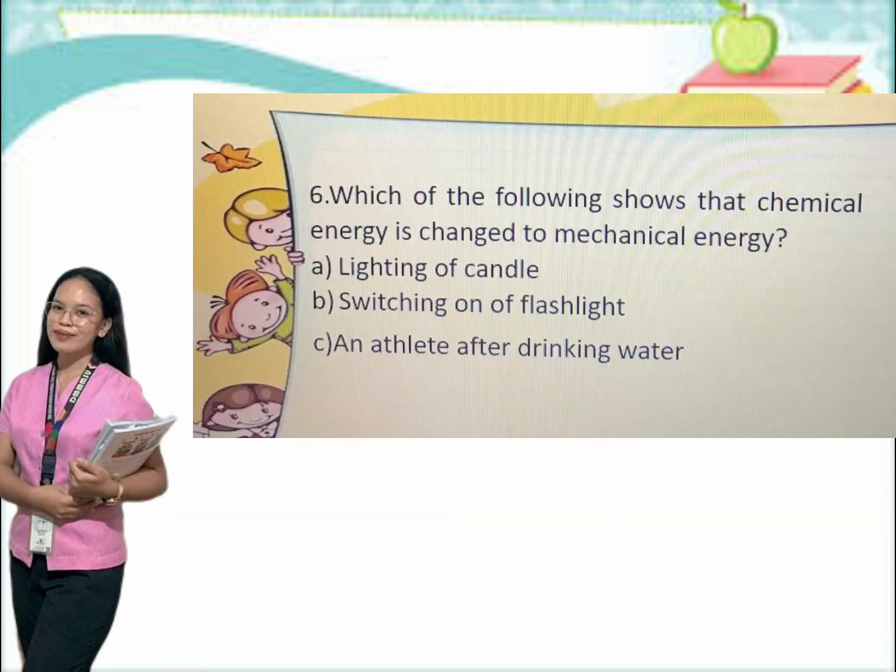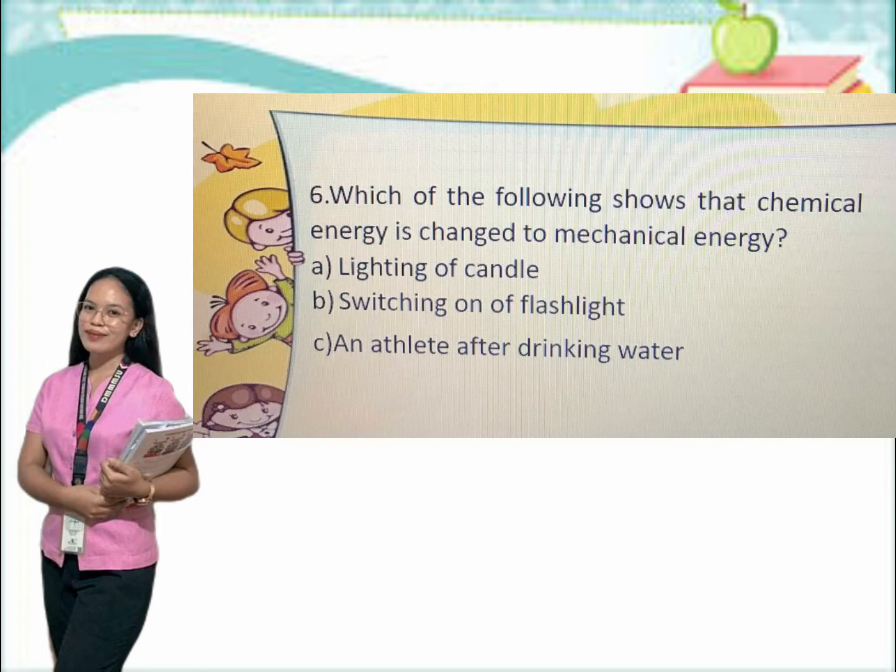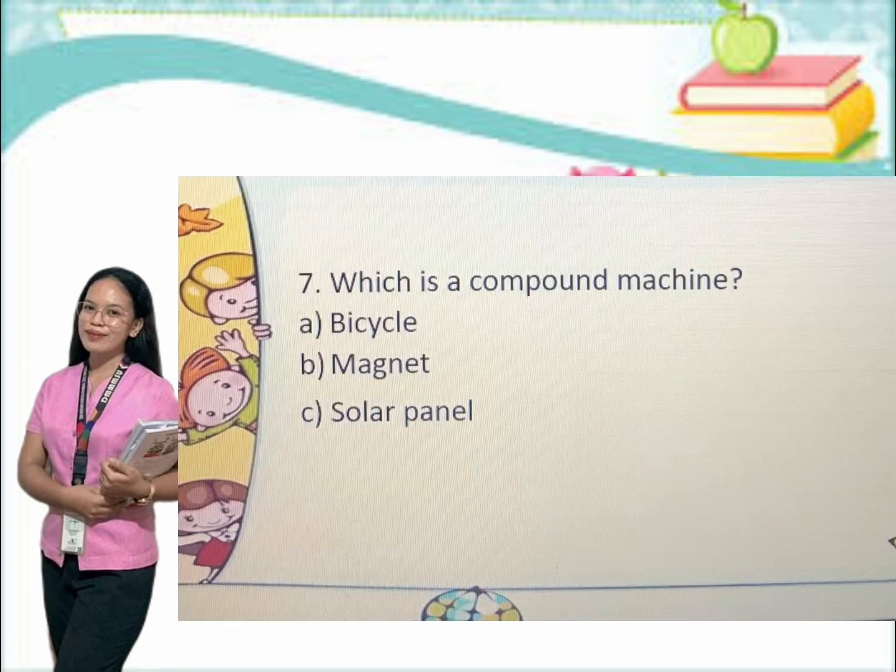Next is number 6. Which of the following shows chemical energy is changed to mechanical energy? A. Lighting of candle. B. Switching on a flashlight. Or letter C. An athlete after drinking water. Number 7. Which is a compound machine? A. Bicycle. B. Magnet.